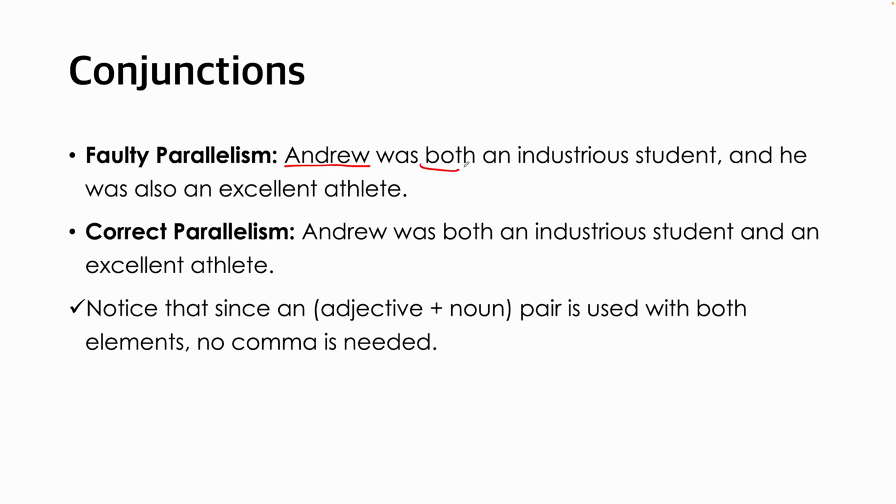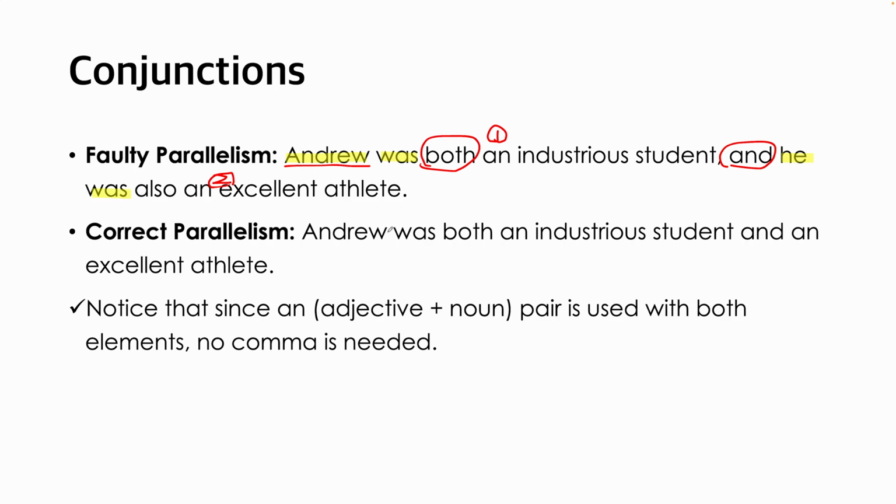Andrew was both an industrious student and he was also an excellent athlete. And why is this parallelism faulty? It is because in both structures, you can see Andrew was and he was.